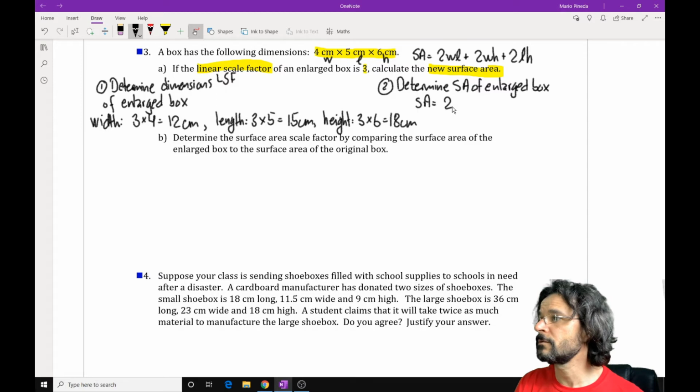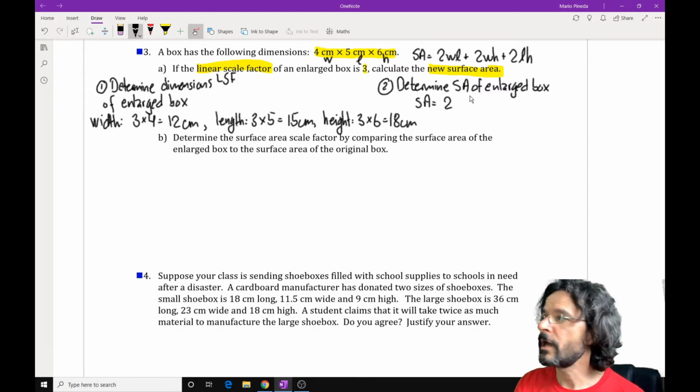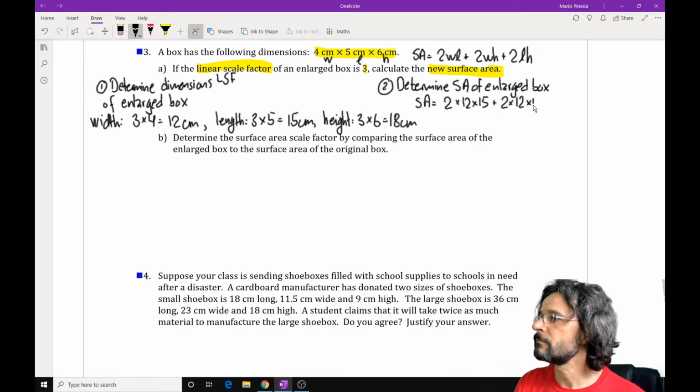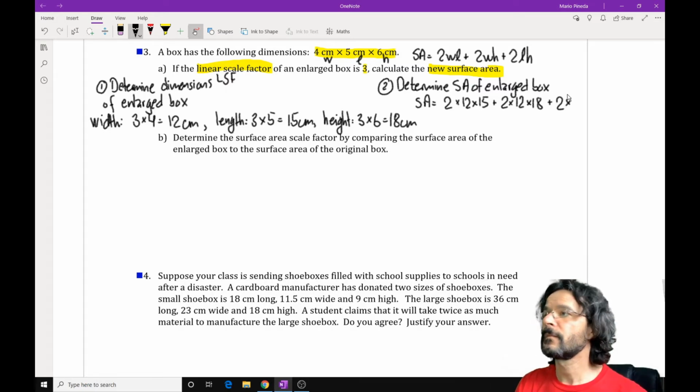So it's going to be 2 times 12 times 15, using those new dimensions, plus 2 times 12 times 18, that's width and height, plus 2 times 15, that's the length, times the height, which is 18.